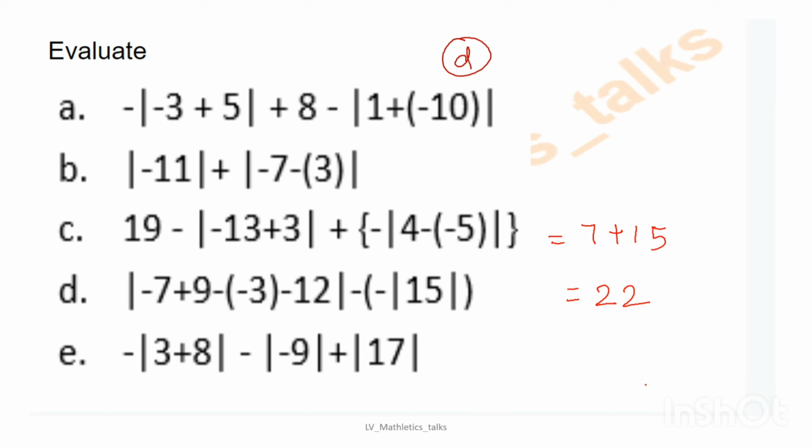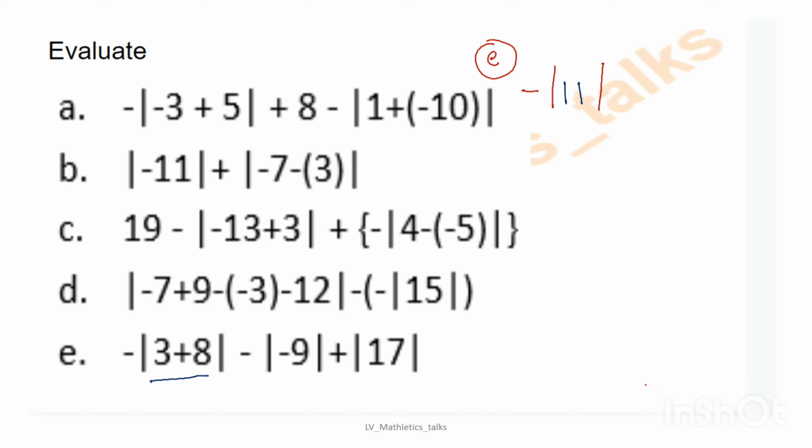Let's try the E question. Minus absolute value of, we have to do this, 3 plus 8 is 11, minus 9 plus 70.